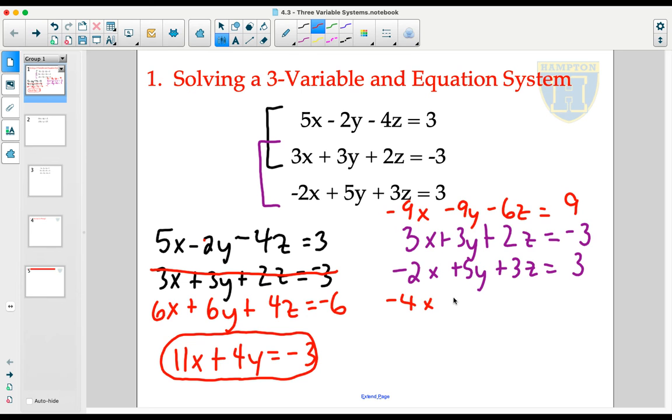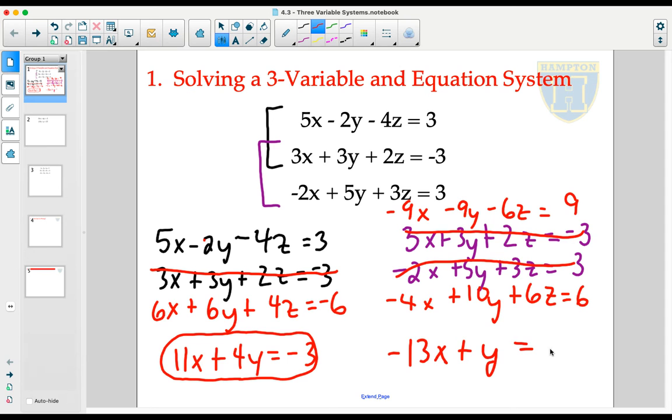After we multiply the bottom one by 2, you can see that we get opposite coefficients in front of the variable z. I don't need either of these two anymore. I have these two new versions to use. I'm going to add down and end up with negative 13x plus y is equal to 15. This will be the second equation from my two-variable, two-equation system.